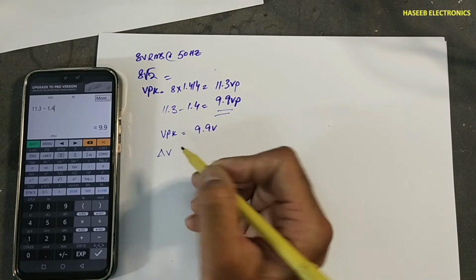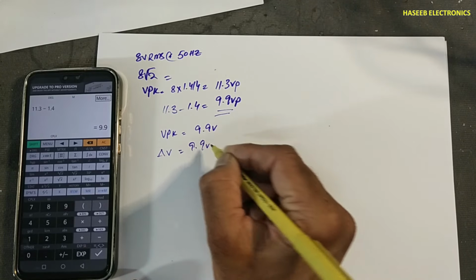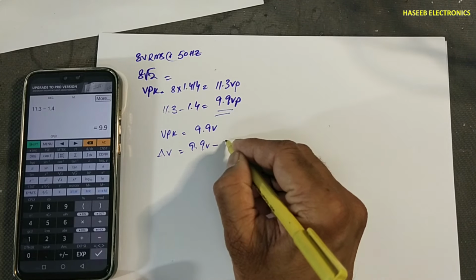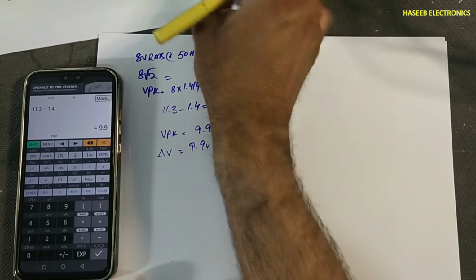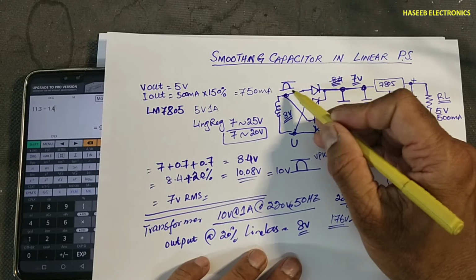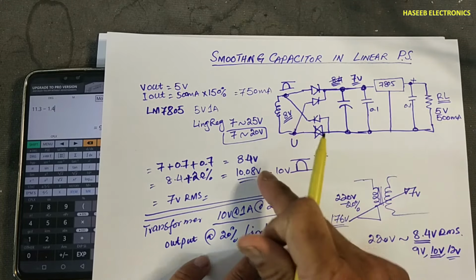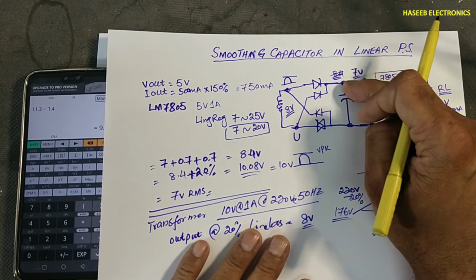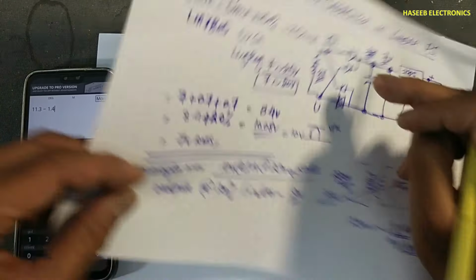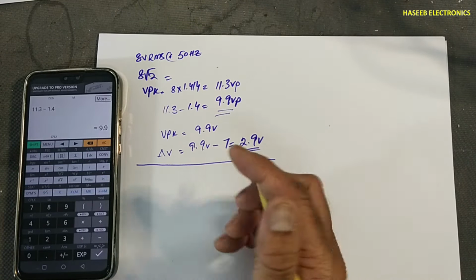What is the delta voltage change? 9.9 volt, the high level, minus 7, it is 2.9 volt. With the peaks at 20% dropped line, the variation will be 2.9 volts.